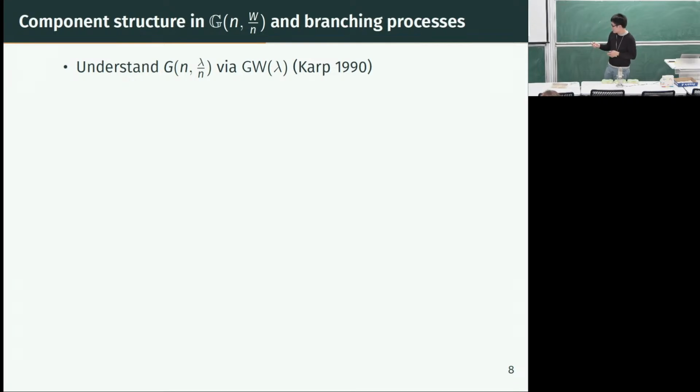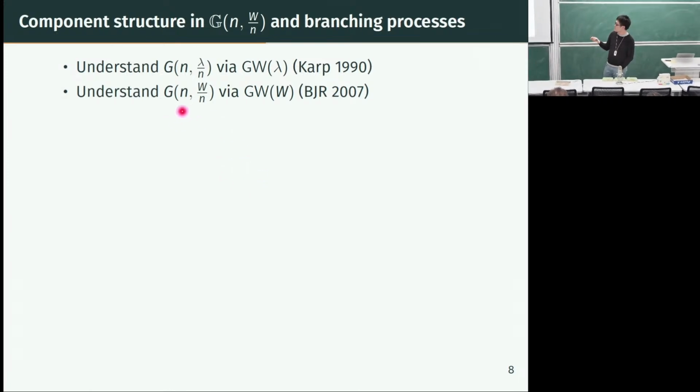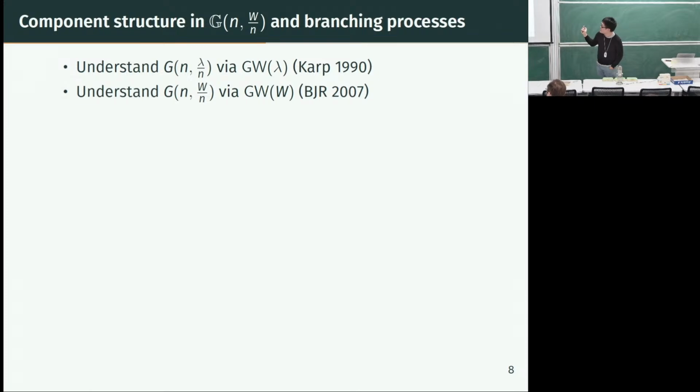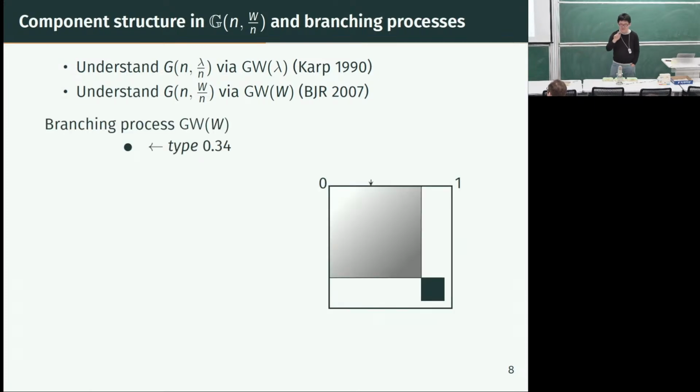The natural thing to expect or hope for, and what Bollobás, Janson and Riordan essentially prove, is a bit of a meta statement: that we can understand this inhomogeneous random graph by understanding this analogous inhomogeneous Galton-Watson branching process. And you might realize that I haven't actually defined this funny process, so let me now give you a definition.